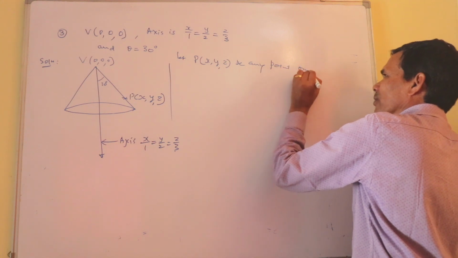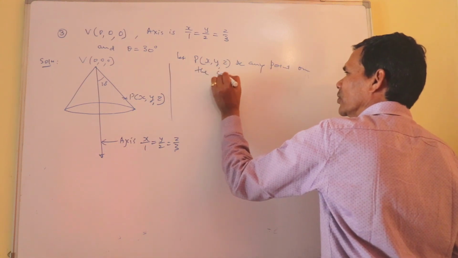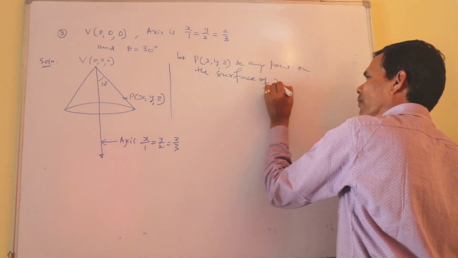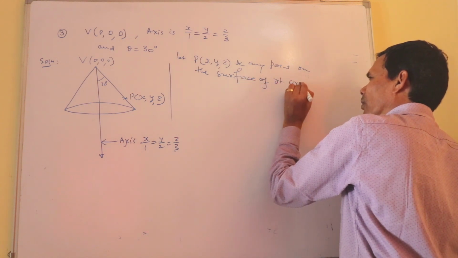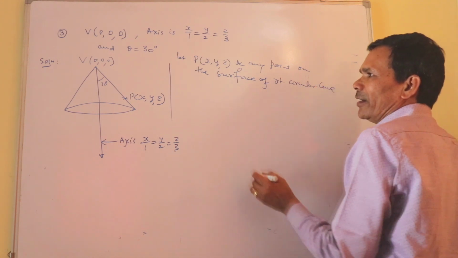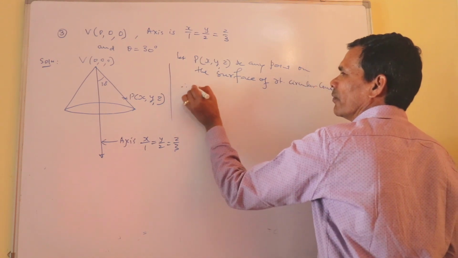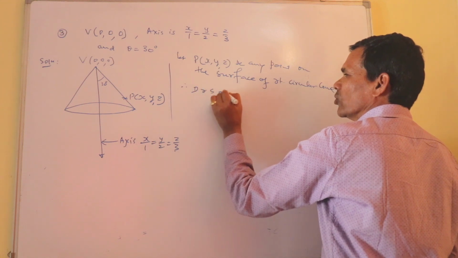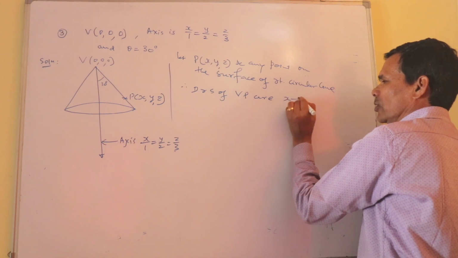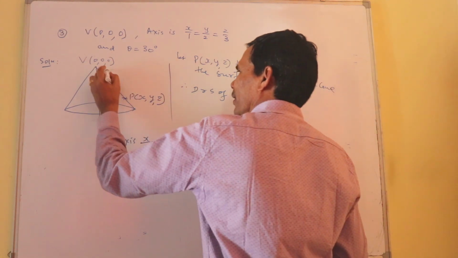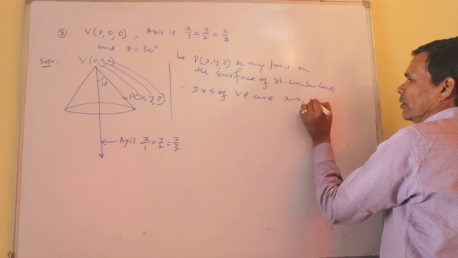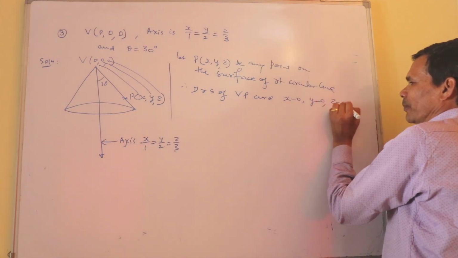Let P(x, y, z) be any point on the surface of the right circular cone. Therefore, the direction ratios of VP are x minus 0, y minus 0, z minus 0, the same procedure.